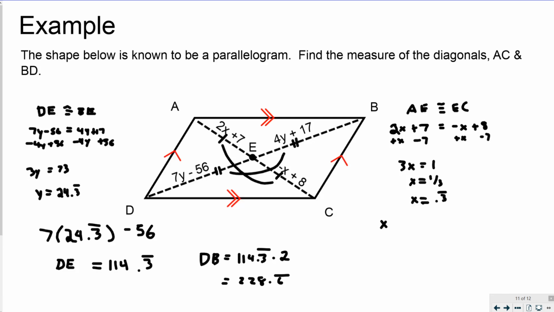You substitute that value in, and you're going to get 7.66 for AE, and AC is going to be equal to double that. So AC would be 7.66 times 2, which is 15.67 or 333 repeating.